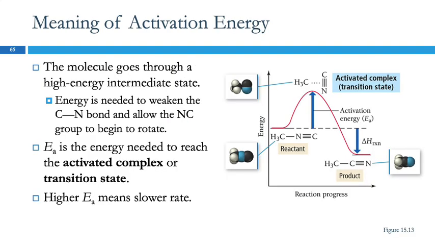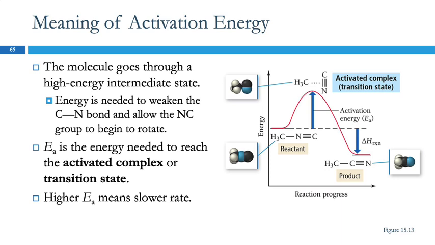The molecule goes through an intermediate state that has high energy. And so that's when that piece has kind of rotated half around. And so here we see more of a Lewis type structure where we can see it's kind of in between one and the other. This is known as an activated complex or a transition state.